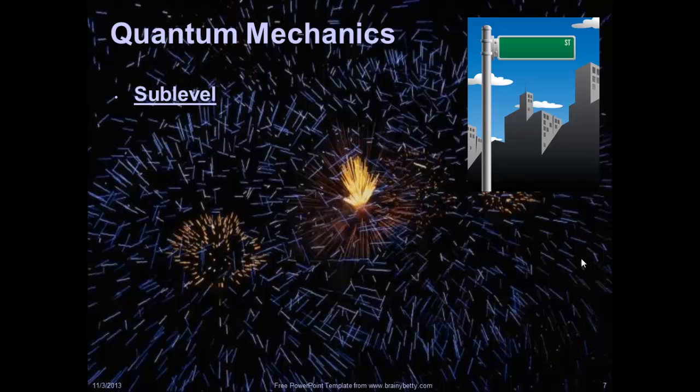First came the town, the big idea, then comes the street name. Street names are like sublevels. The sublevels tell you the type or the shape of the electron cloud. Electron clouds are areas where the electrons are found, and there are 4 different types, and each type has a different shape.